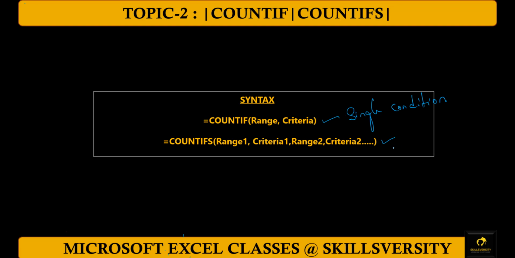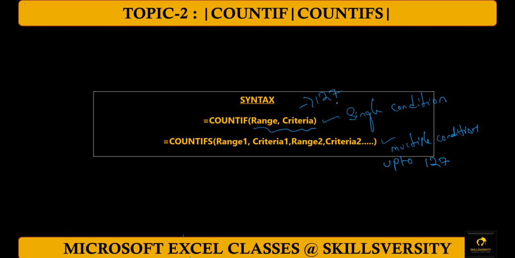Whereas COUNTIFS will allow you to apply multiple conditions, up to 127. For example, if this is a pair like this, you can apply 127 pairs.